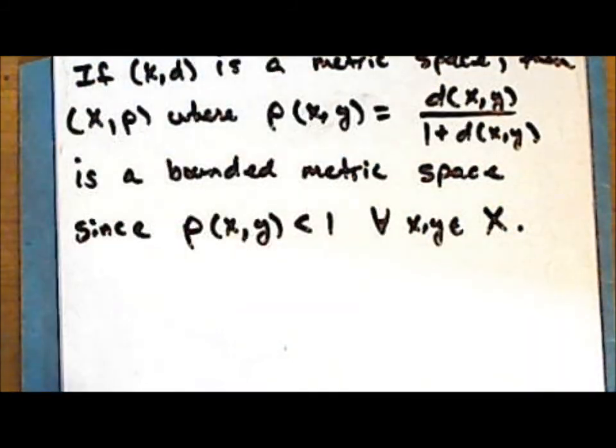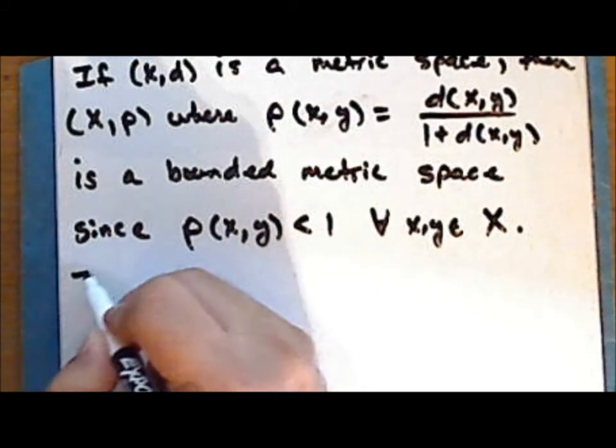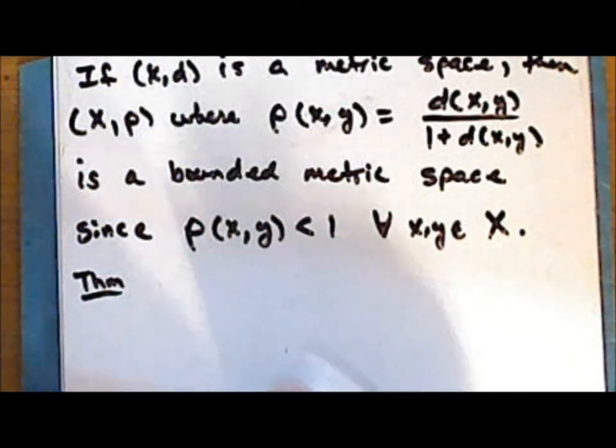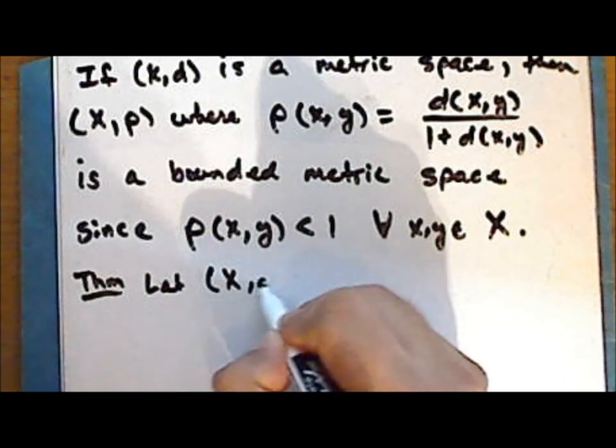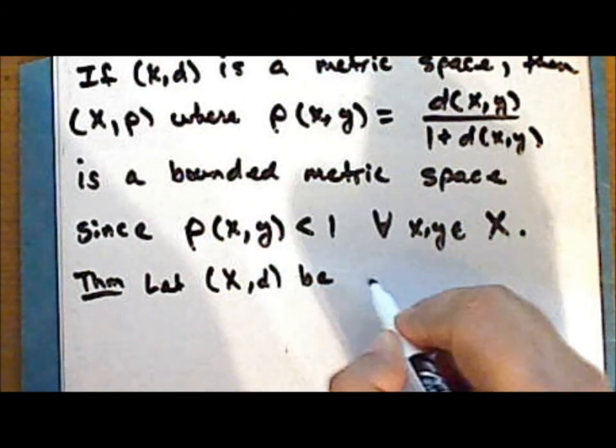Right? So next we'll show that metric spaces are Hausdorff. Let X together with some metric d be a metric space.